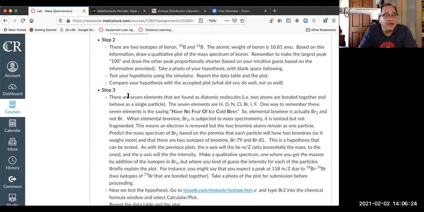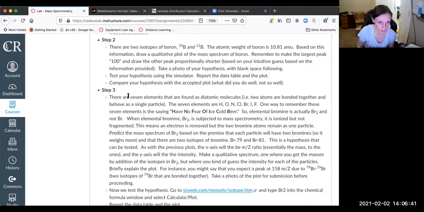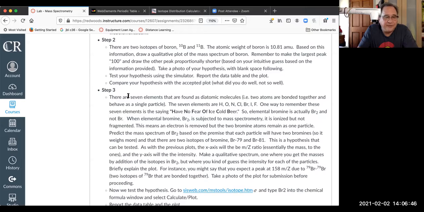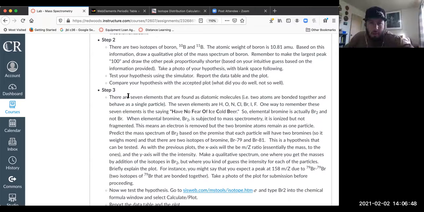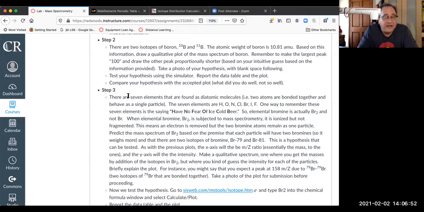And if there were 1 boron 10 for every 10 boron 11s, what would the mass be closer to? 11 AMU, because you've got more 11s. You with me? The 11s weigh 11, the 10s weigh 10.